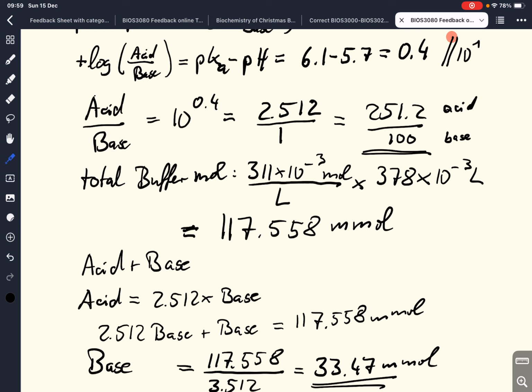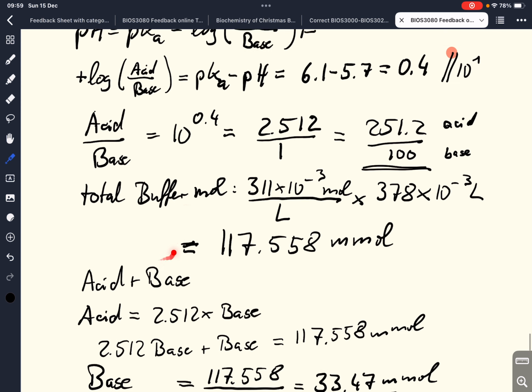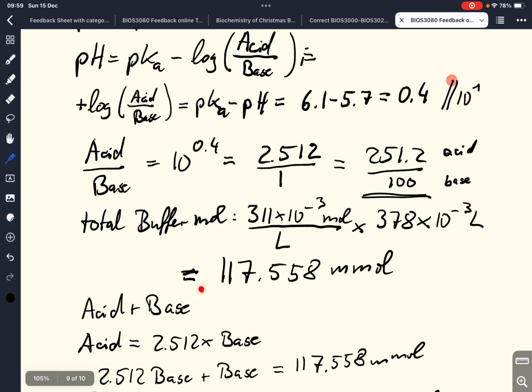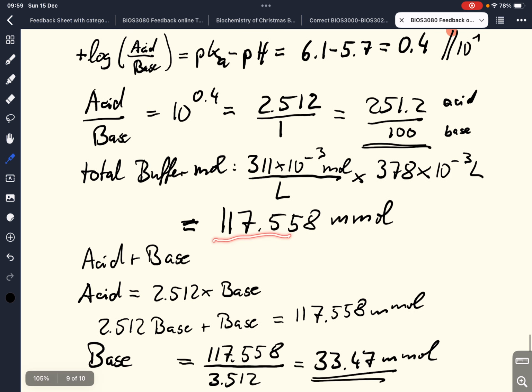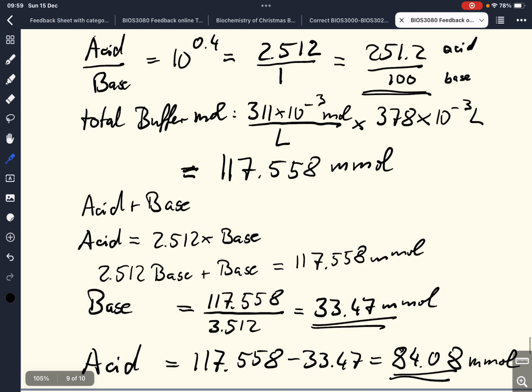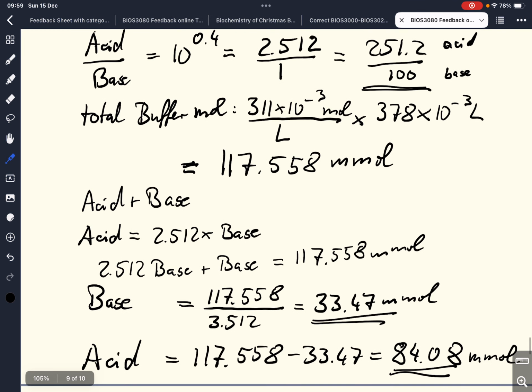So we've got a total number of moles in the buffer of 117.558 millimole. And that is actually our acid and base moles together.